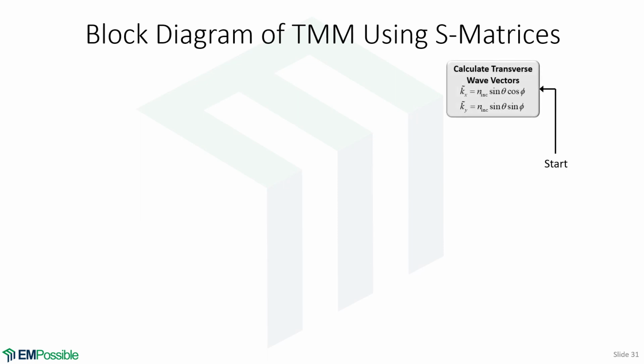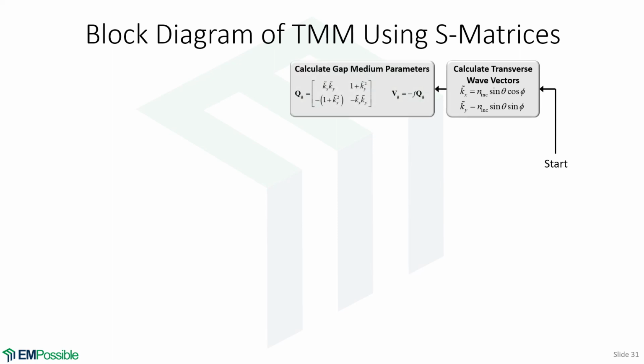The first thing we'll do is calculate the transverse component of our source wave vector. And these kx and ky, they're going to be the x and y components of all of the wave vectors throughout the entire device. So we'll just call those kx and ky, and they apply to everything. Now those are normalized wave vectors, so we don't see a k0 over here. I'm not sure if you noticed that, if that was bothering you, but that's not there because we're using normalized wave vector components.